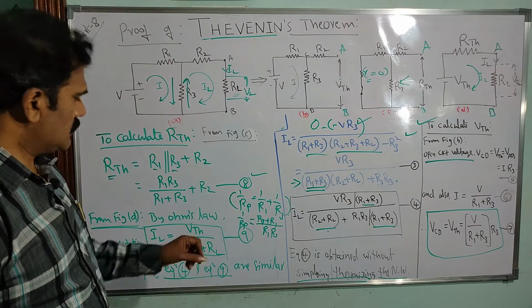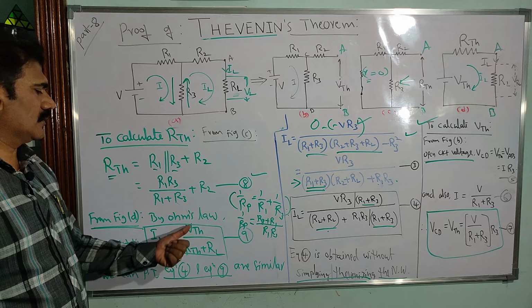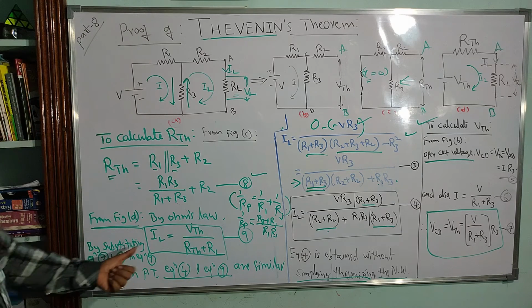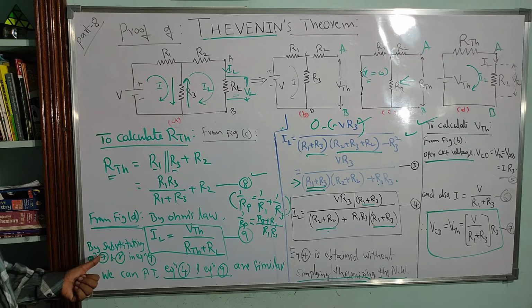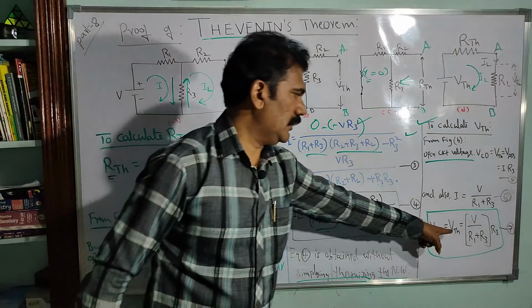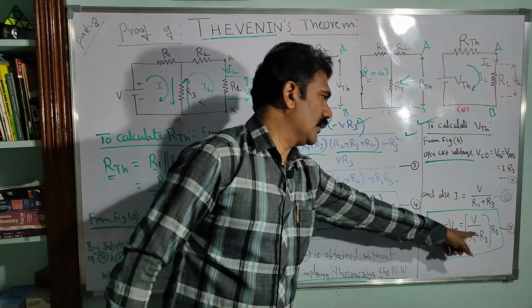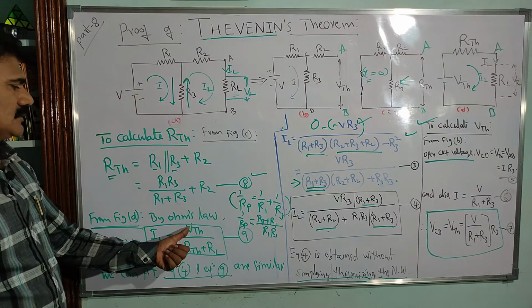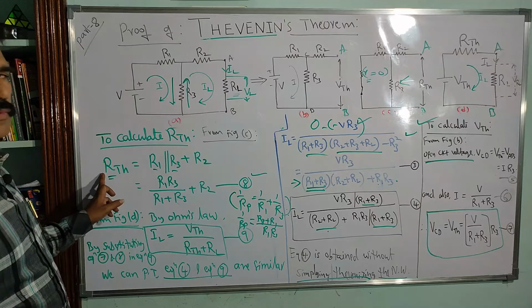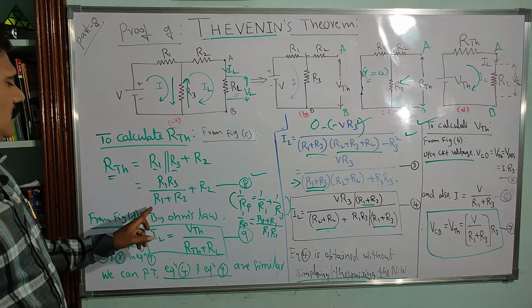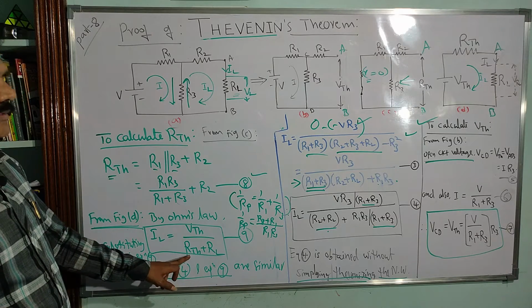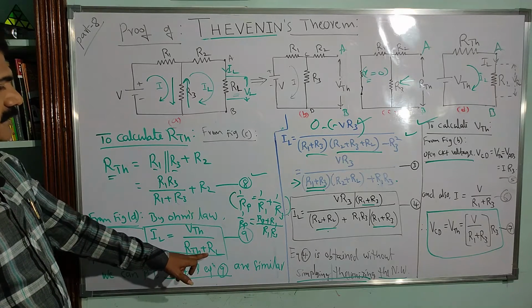How? We just have to substitute the values of VTH and RTH obtained. By substituting equations 7 and 8, equation 7 is VTH equal to V divided by R1 plus R3 into R3. Substitute that VTH here. And RTH is equal to R1 R3 divided by R1 plus R3 plus R2. Substitute that RTH here, and plus RL is there already.